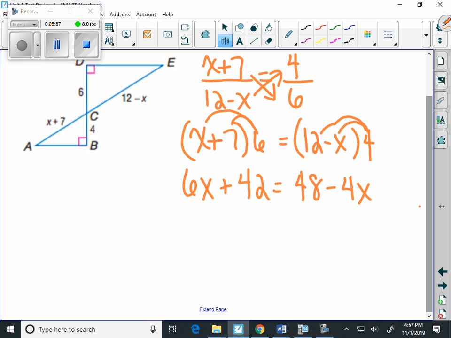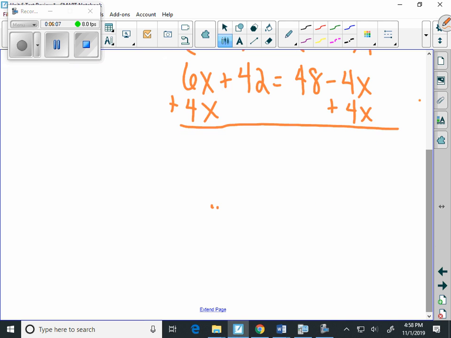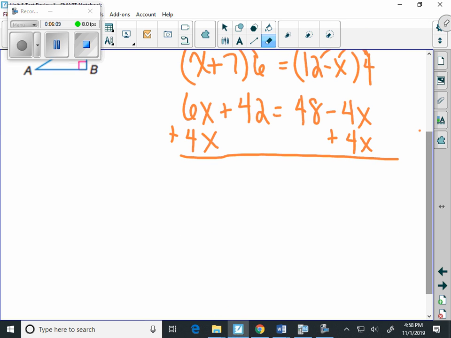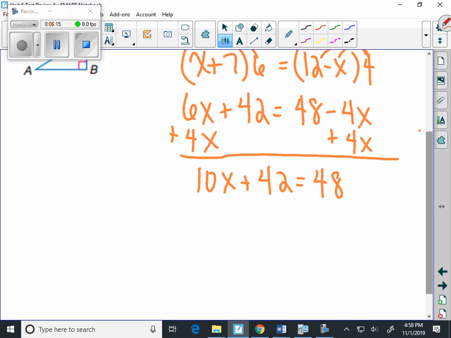And again, solve it the way your Algebra 1 teacher taught you. And add 4x to both sides. And we end up with 10x plus 42 equals 48. And then we can subtract 42 from both sides.